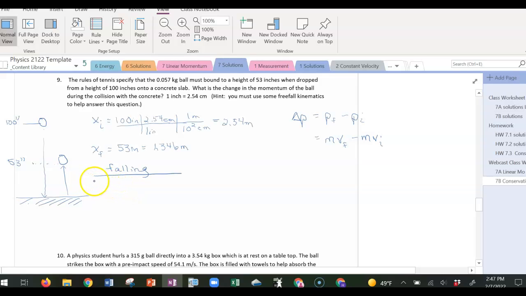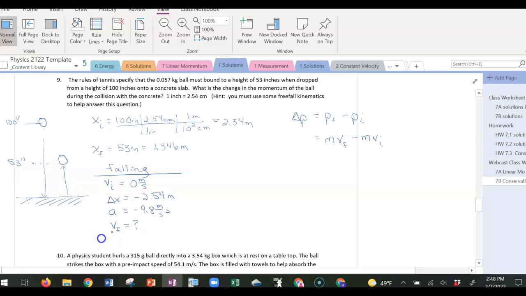I know that as it falls, the ball is dropped, so the initial velocity is 0. Its displacement is going to be negative 2.54 meters. While it's falling, its acceleration is negative 9.8 meters per second squared. I'd like to know that final velocity just before it hits the concrete.